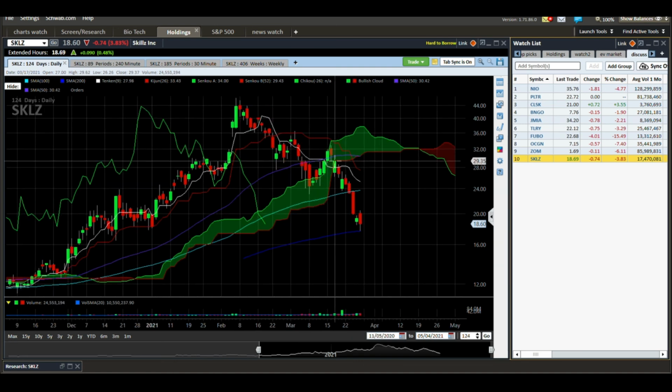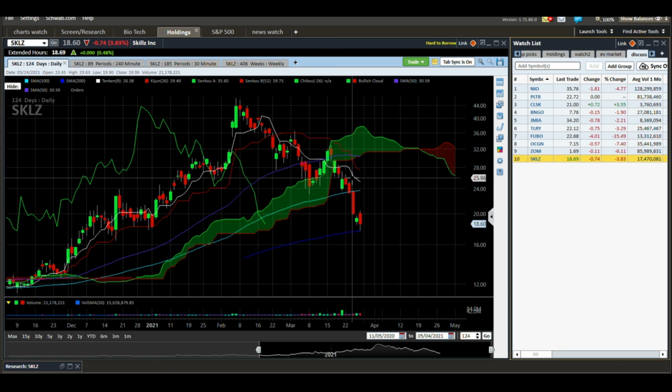Technical reaction right here, where we had the TK cross. So now the Kijun-sen is resistance. We tried to climb the wall of the cloud and we reacted right here at the Kijun-sen line. So this reaction right here was another signal to get out. If we can get price back above this, then you can return your bullish position.